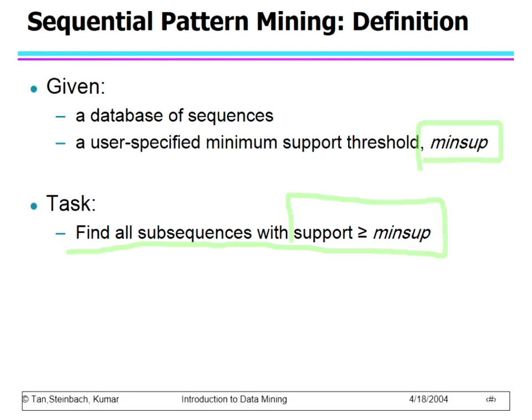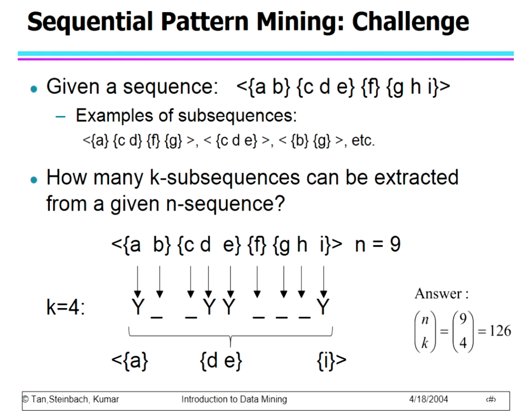Because our task is to find all subsequences with a support more than this minimum. We want to select frequent subsequences, like frequent itemsets.